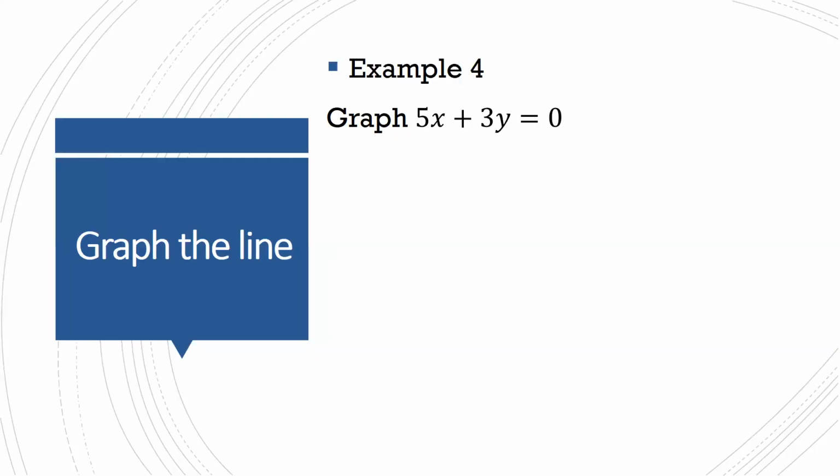Let's look at another example and graph this line. The line is 5x plus 3y equals 0. So once again, the line doesn't start out in slope-intercept form, but we will manipulate it into slope-intercept form.